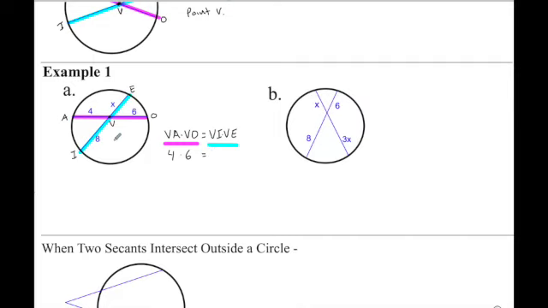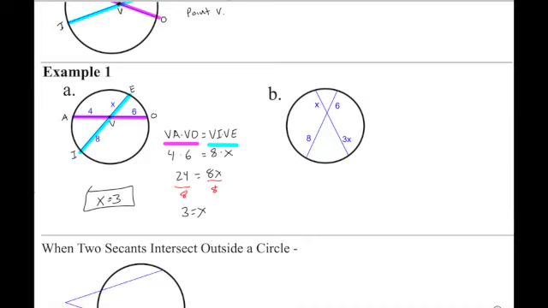That equals VI, which is 8, times VE, which is X. And we just solved that. 6 times 4 is 24. 8 times X is 8X. Divide by 8. We get 3 equals X. And so in this case right here, we have X equals 3 as our answer, and that is the length of VE.